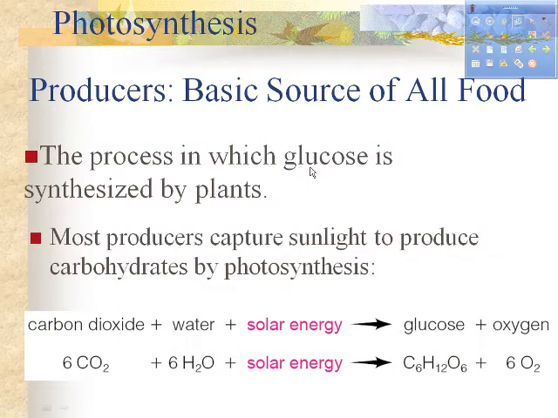Photosynthesis is where the producers start. So again, basic source of all food. Up until the 70s, we thought that photosynthesis was the only option to produce energy, the basis of all life on Earth. If we didn't have sunlight, we didn't have plants, there would not be any life on Earth. And that actually changed a little bit in the 70s and again in the 90s, when hydrothermal vents and deep cold seeps were discovered.